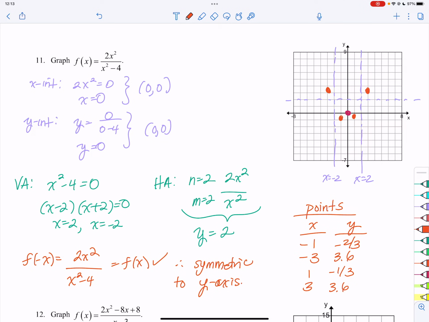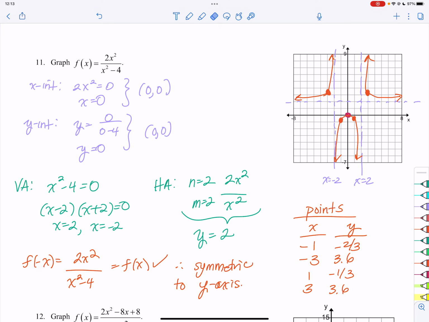So now you can see we have that symmetry with respect to the y-axis. And there's our graph. Did not do a very good job there.